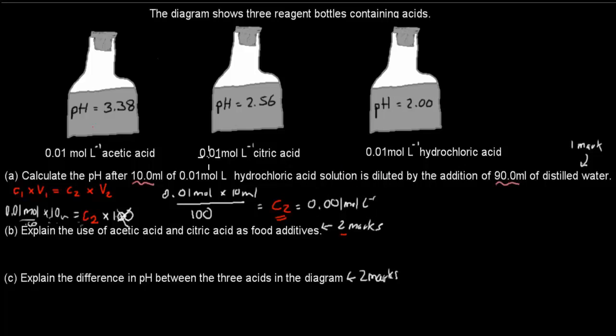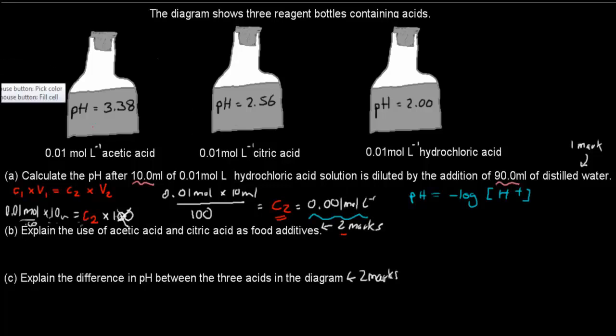Now all we have to do is use our concentration to get our pH, because it's asking what is the new pH. Remember that the formula for pH is pH equals minus log of the concentration of hydrogen ions. In this case, our concentration of hydrogen ions is now 0.001 mole per liter.